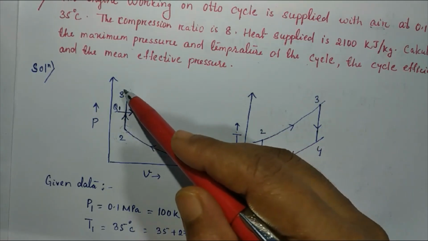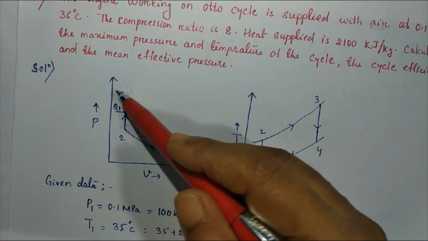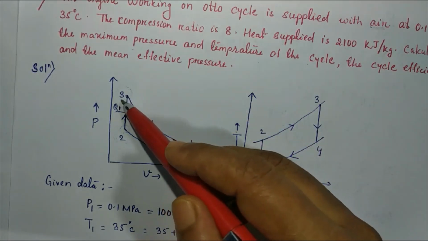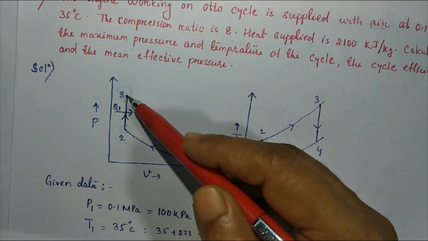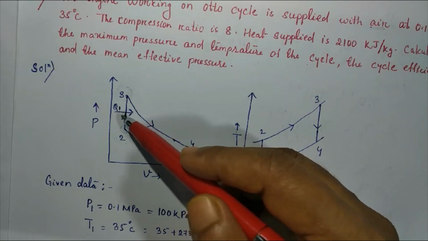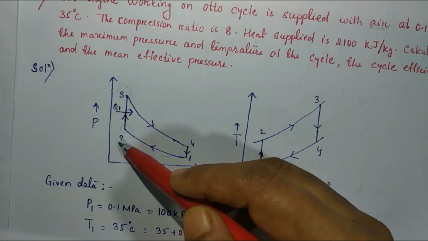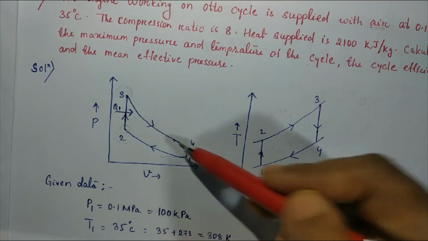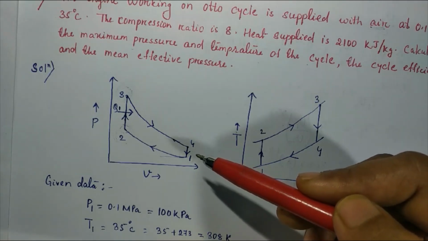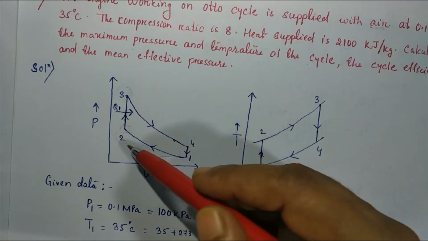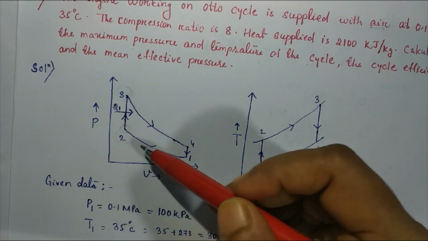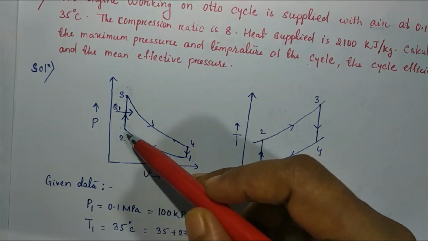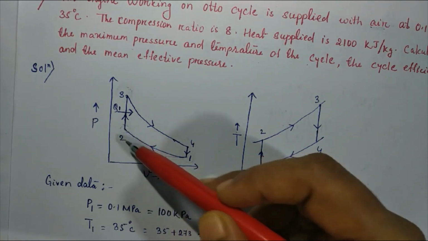So to calculate the pressure and temperature, or you can say the properties of this state, we have to use the properties of either state 2 or state 4. Here it is convenient that we should use the properties of state 2.